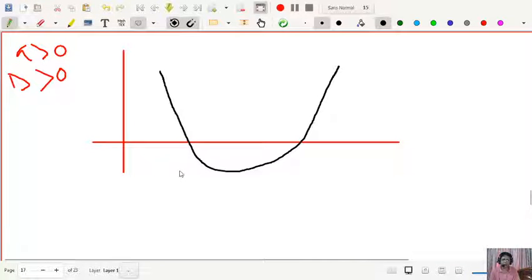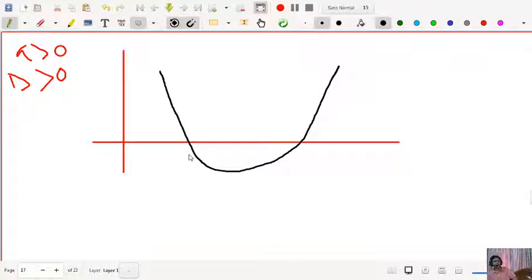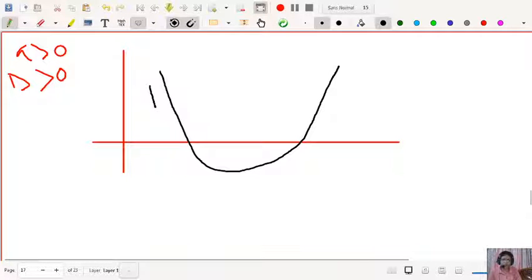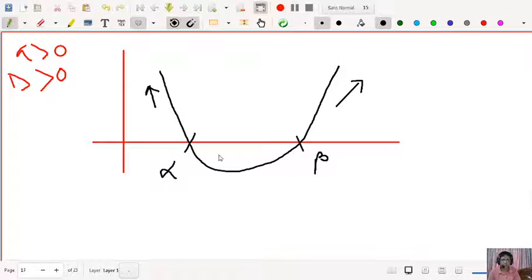It's a parabola, a quadratic polynomial with even power, so it rises up on this side and also rises up on this side. You have two real roots, cutting the axis at exactly two points, alpha and beta. So this is the case, D is positive, a is positive.